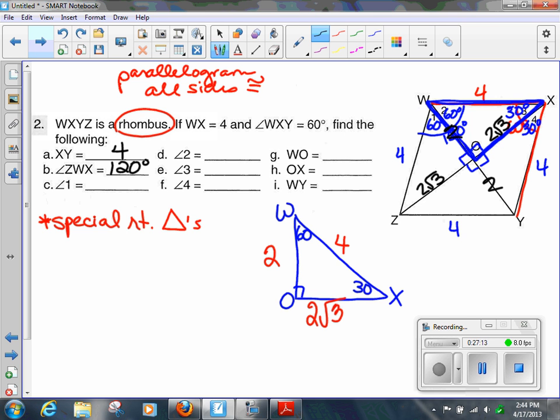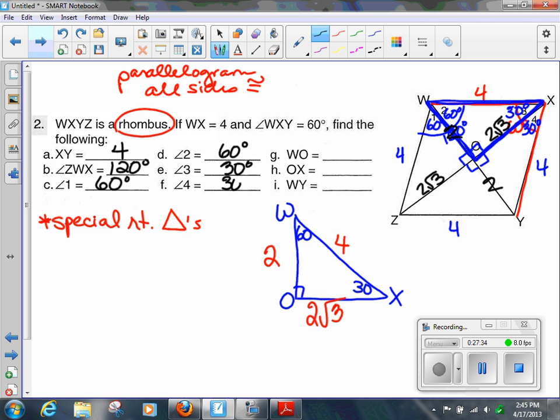Angle 1. Half of 120 is 60. You guys cool with this so far? What about angle 2? It's 60. How about angle 3? How about angle 4?